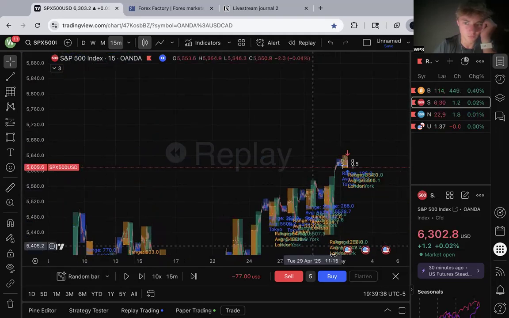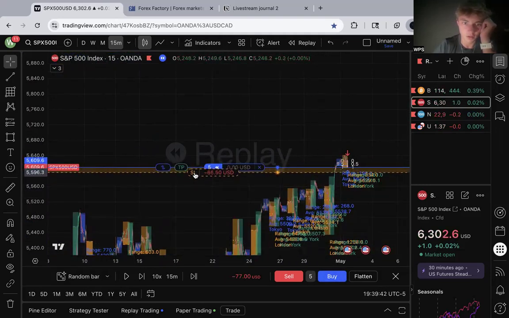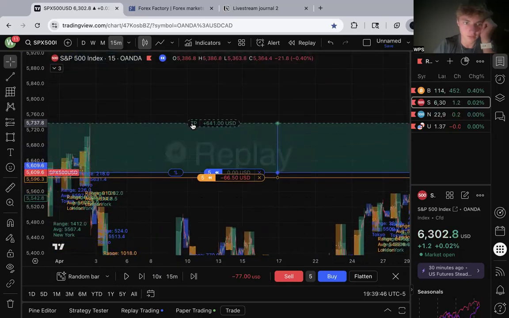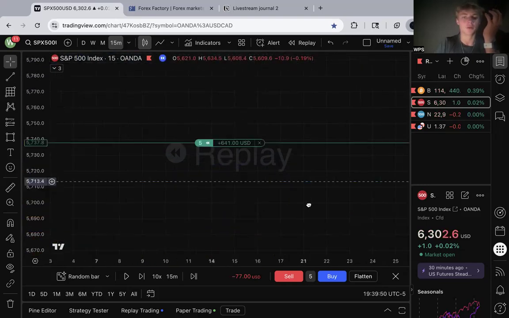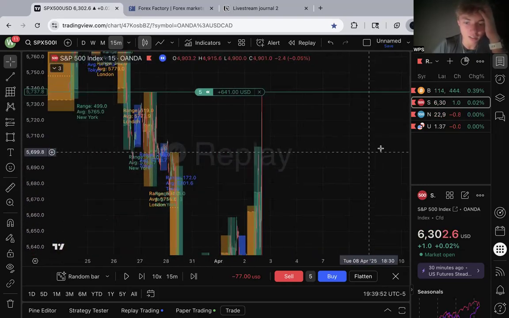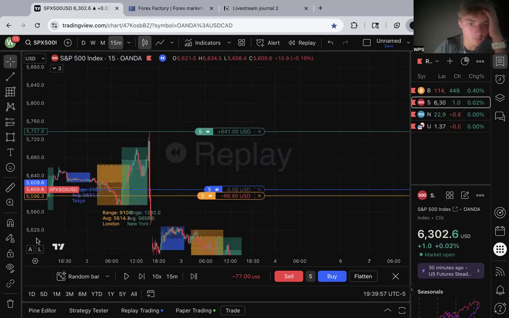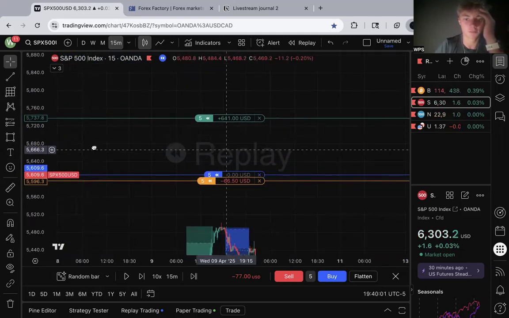Well, okay, I don't know what I'm doing at this point. That is clearly not... I don't realistically think that's gonna hit.